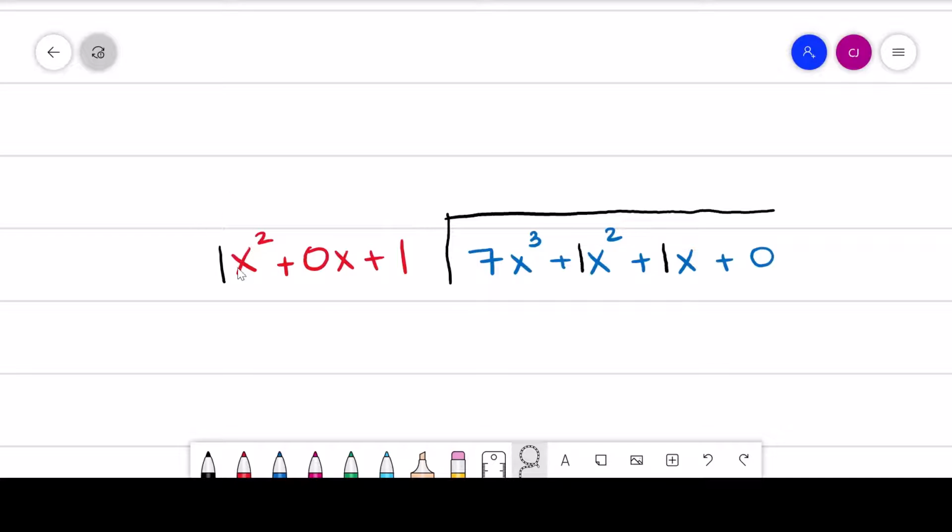I can go through the process of determining what I need to multiply with my divisor to get my dividend. So you always want to start with the first term of your divisor and the first term of your dividend. And you want to ask yourself, what do I need to multiply x squared by to get 7x to the third power?